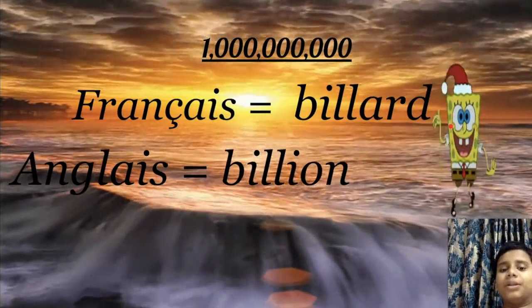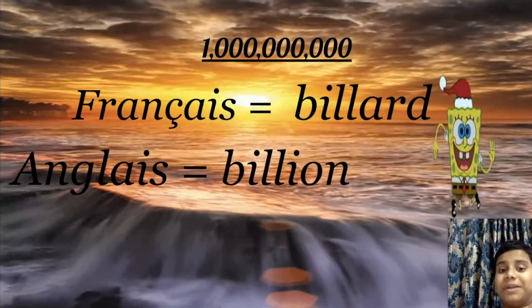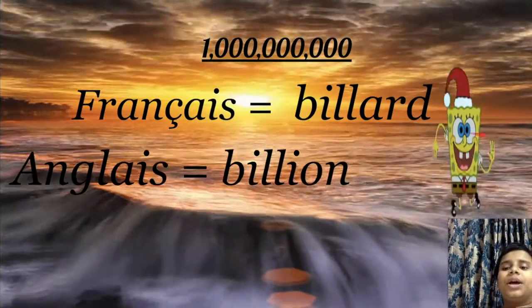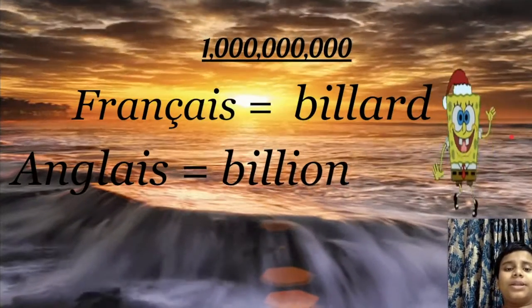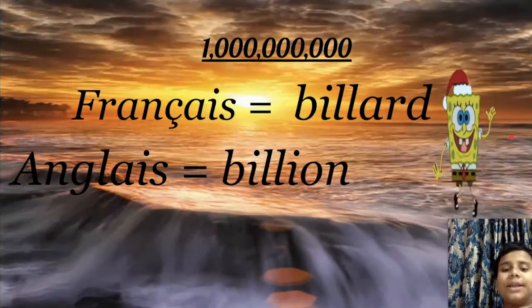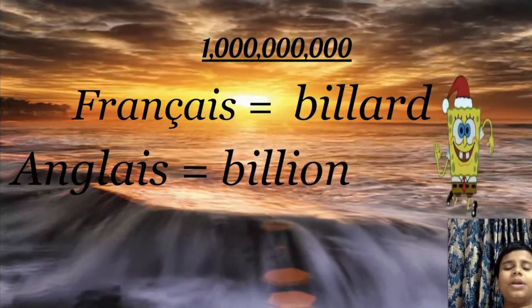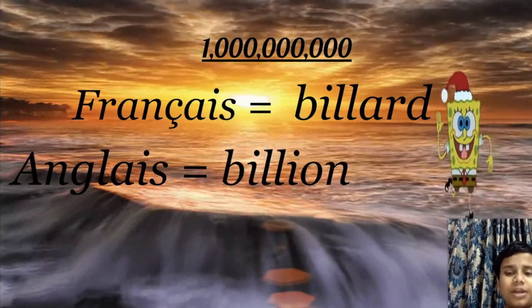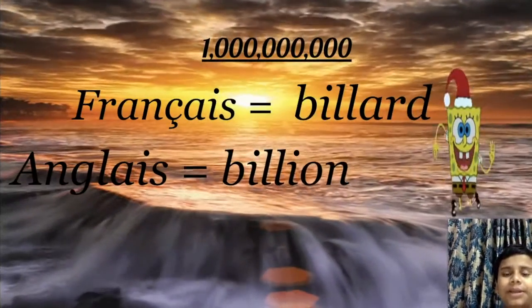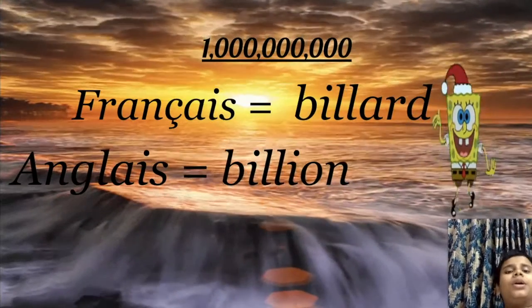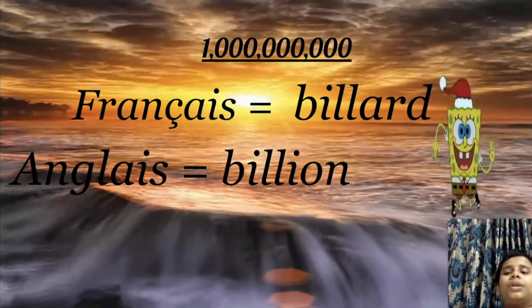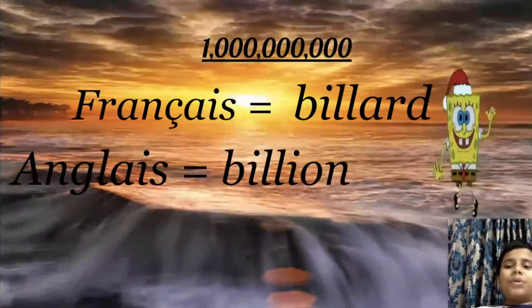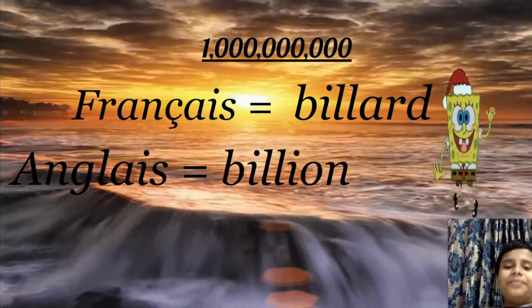Then we have milliard. Milliard means billion. In France we know that we do not use the Indian system, we use the foreign system. So over here I'm using million, billion, trillion, not crore, not lakh.